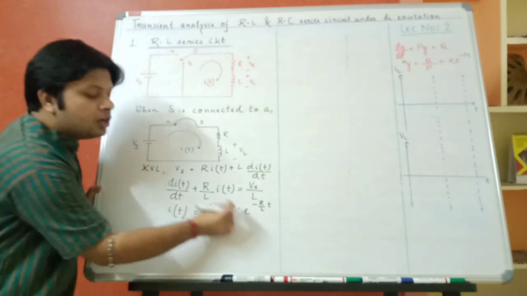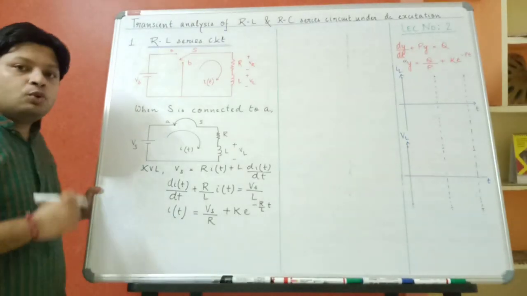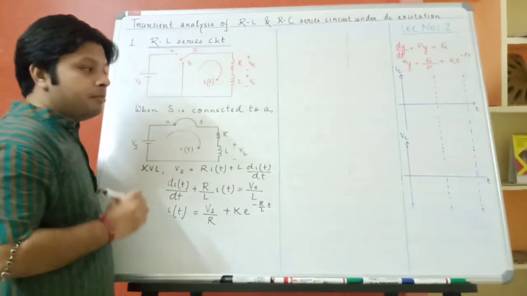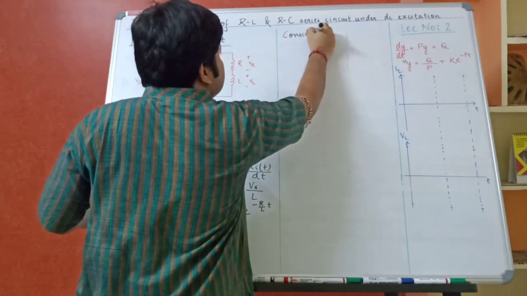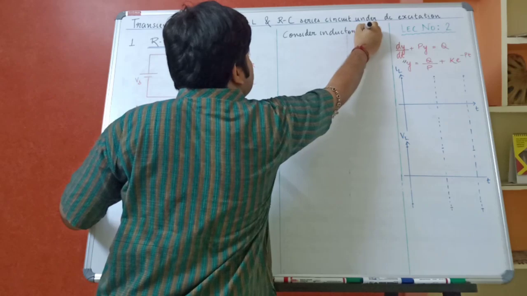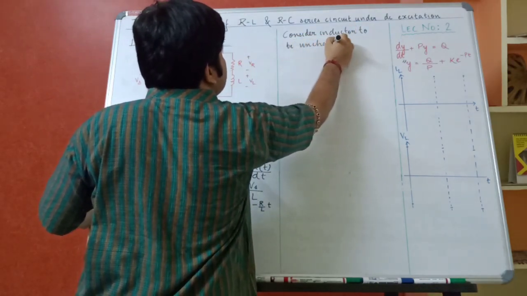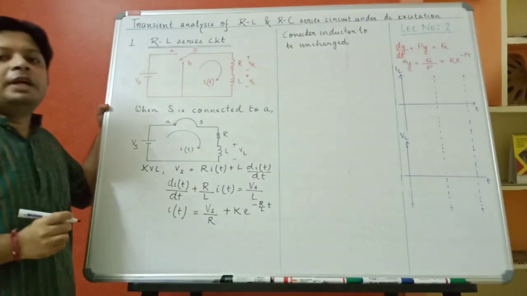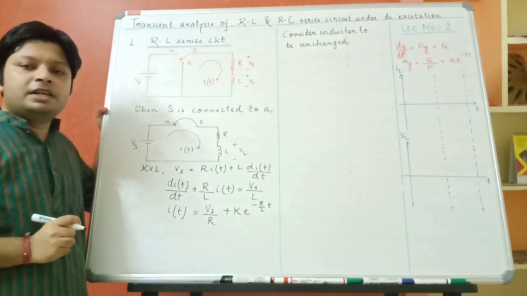But we need to find this constant K. What will be its value? By substituting initial conditions. What is initial condition? Now remember, consider inductor to be uncharged. So, if inductor is uncharged, that means current through the inductor is 0.